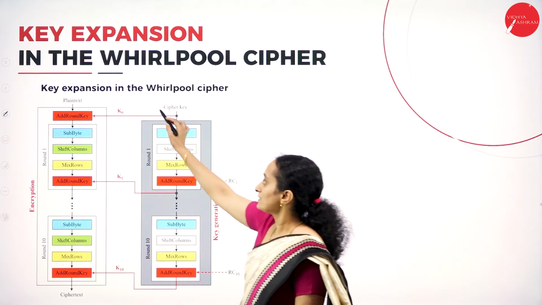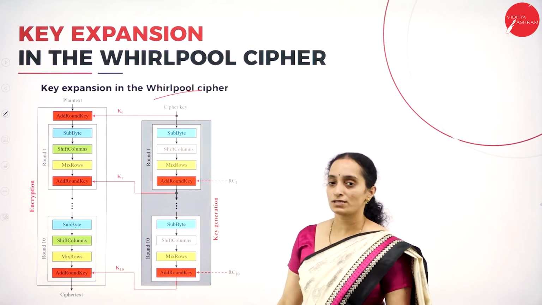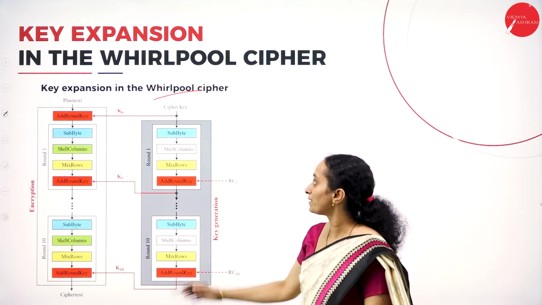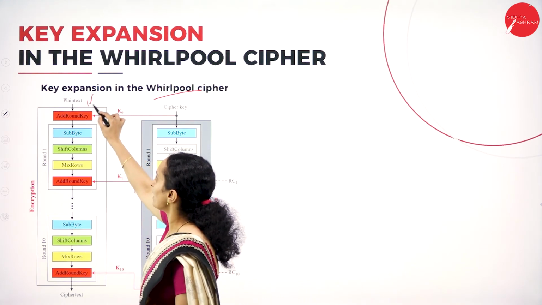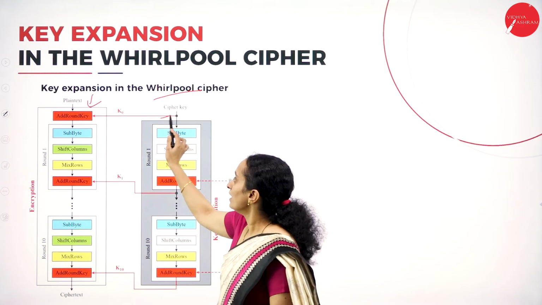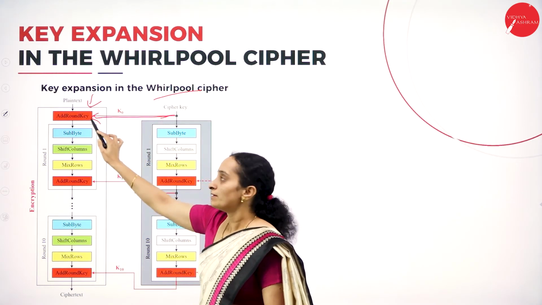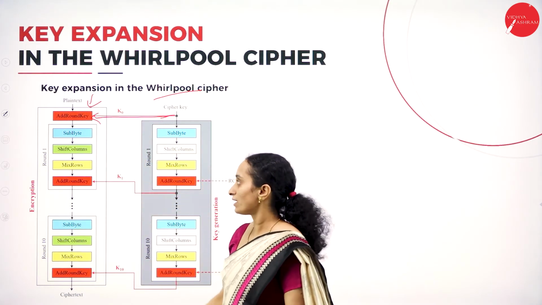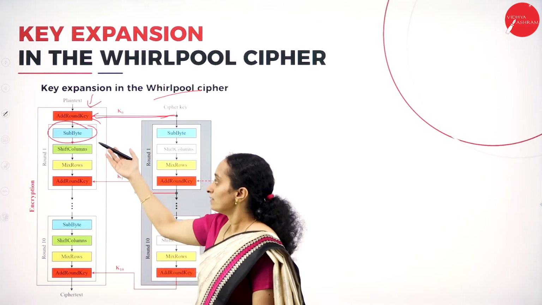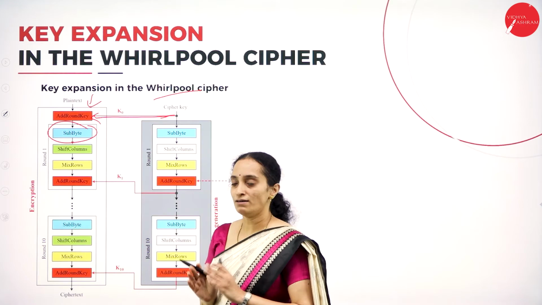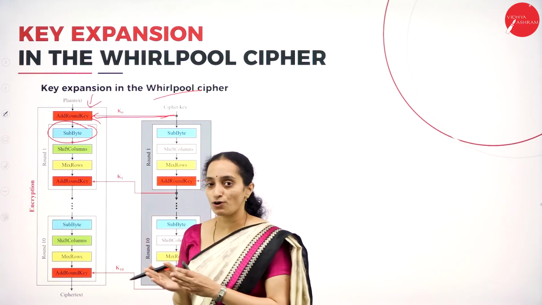Okay. Next is the key expansion. How can the key expansion happen in the Whirlpool cipher? Here we get the plain text with the key value. Apply the add round key algorithm. Then the subbyte algorithm to transform the values. Then shift columns.